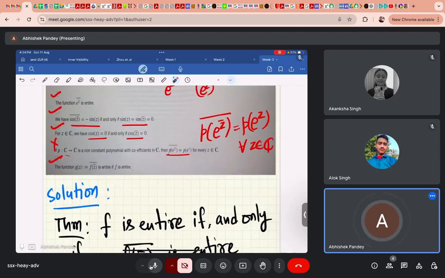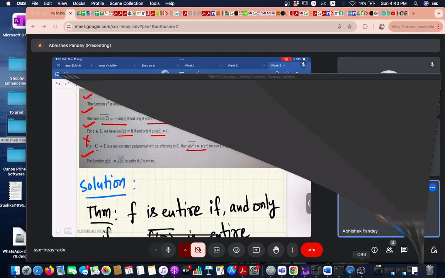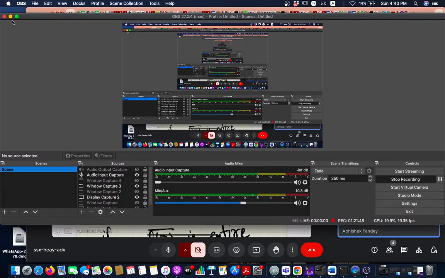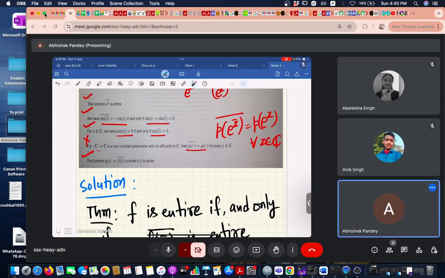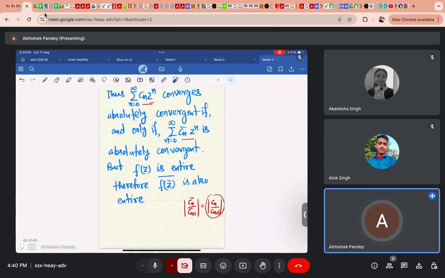Okay, next thing we have to verify this one. The conjugate of sin of z bar is equal to minus sin z if and only if this thing holds. Okay, so let us see this one. These are just calculations now.